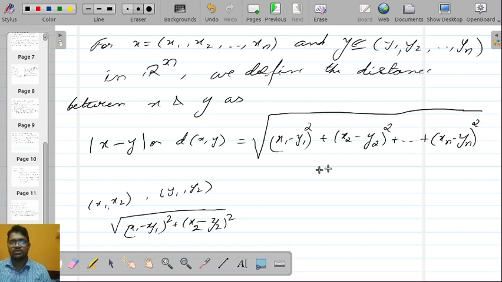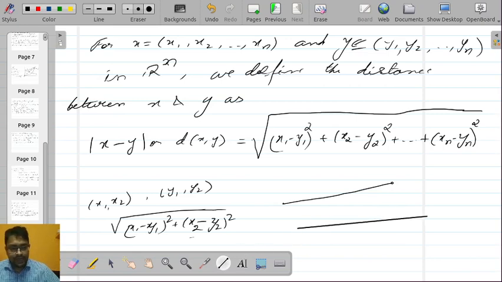This gives us a distance because it satisfies all the properties satisfied by the usual distance between 2 points. What are the properties of distance? If I have 2 points A and B, the distance between A and B is always non-negative, greater than or equal to 0.